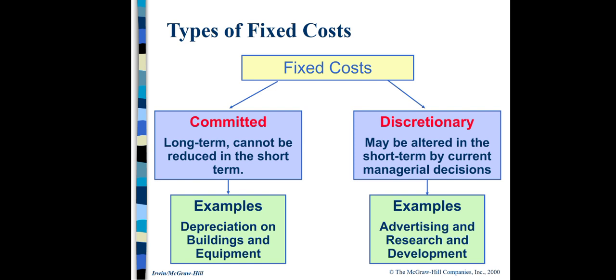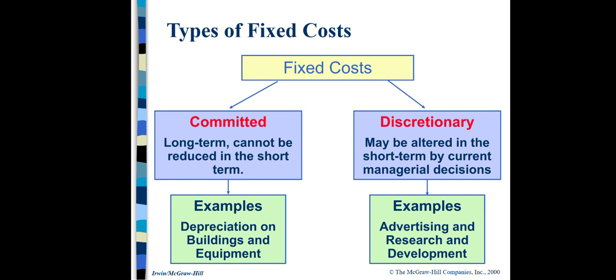But the other type is discretionary fixed cost, atau discretionary itu adalah kebijakan fixed cost. Kalau committed itu ditetapkan atau sudah ada aturannya sehingga tidak mungkin bisa diubah langsung. Sementara kalau discretionary itu adalah kebijakan, jadi bisa diubah kapanpun.